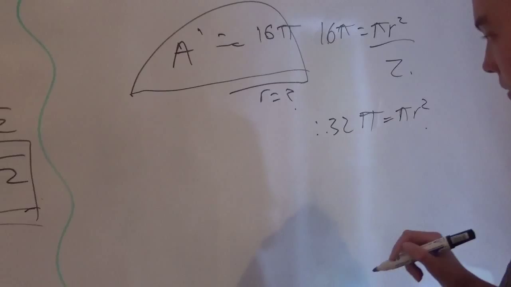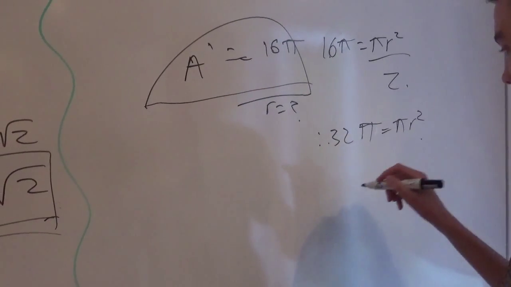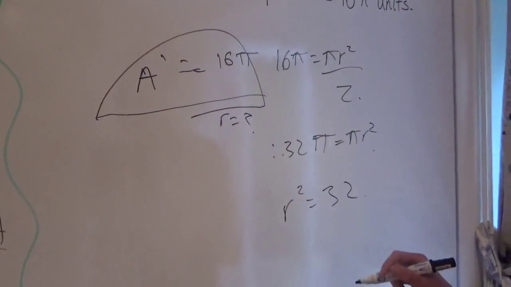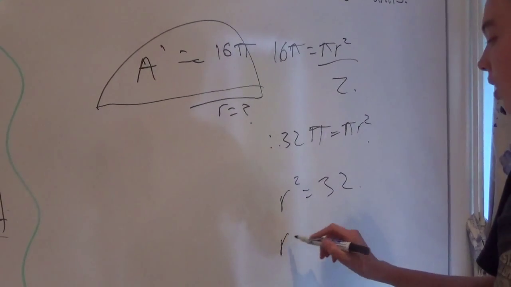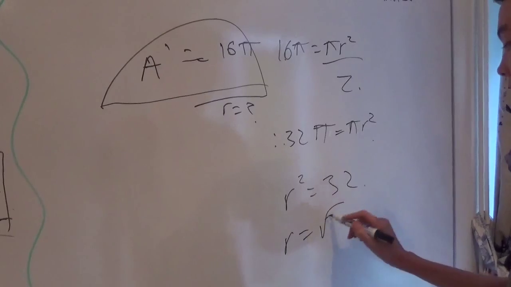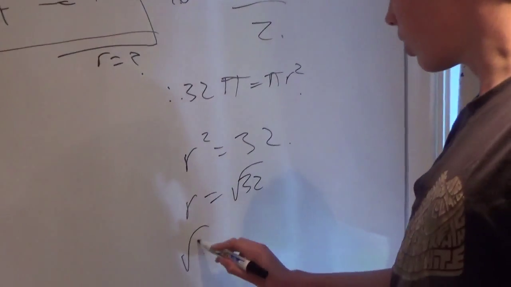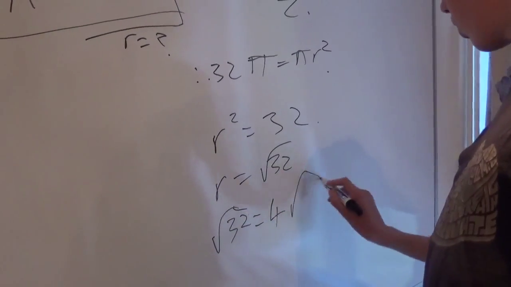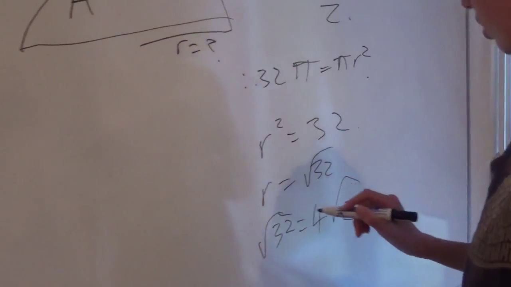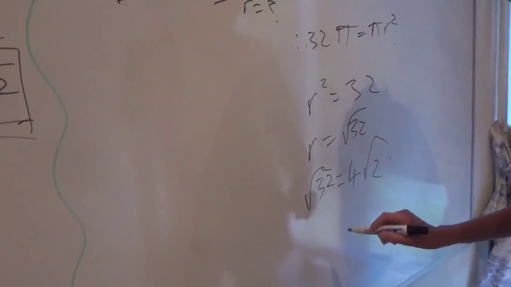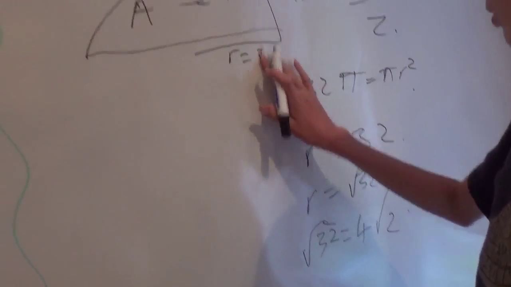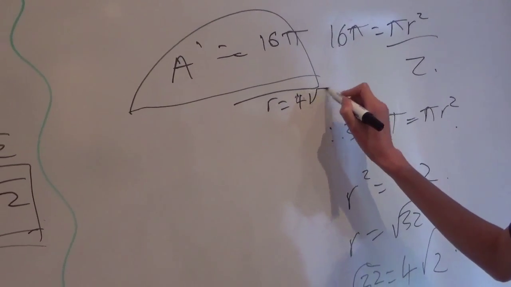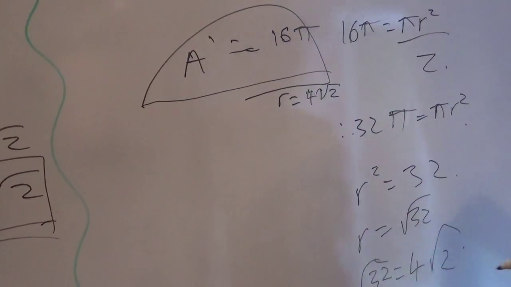Simplifying and rearranging gives r squared equals 32, therefore r equals root 32, and if we simplify root 32, that gives us 4 root 2. Very confident with the surds there, Edward. Well done. So now we know R, we can put 4 root 2.